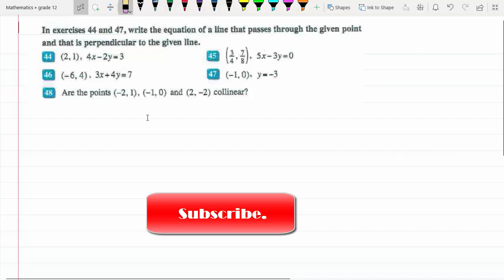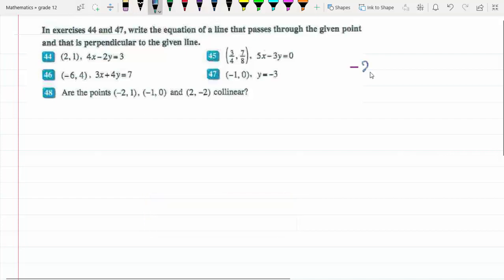To do these questions, we are required to find the slope of the given line, which is equal to -2. The slope for the other line should be a number that when we multiply -2 by it, we should get -1 at the end.